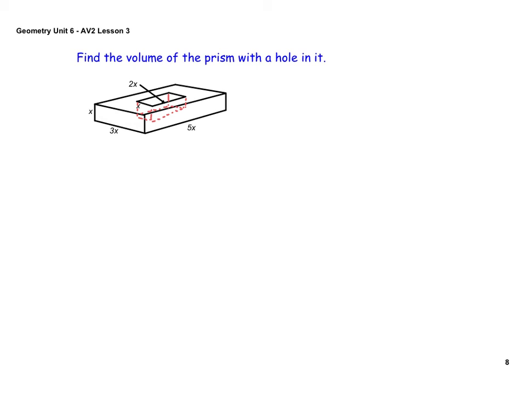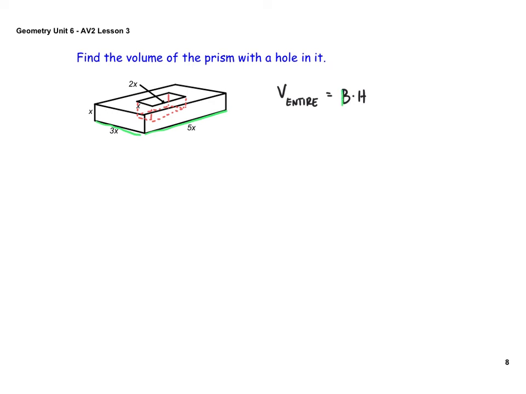Okay, so first of all, let's find the volume of the entire prism. So let's imagine there's nothing cut out of it. Okay, so I'd find the area of the base times the height. All right, so the area of the base, let's consider the bottom. You can see that we would have a length and a width of 3x and 5x.